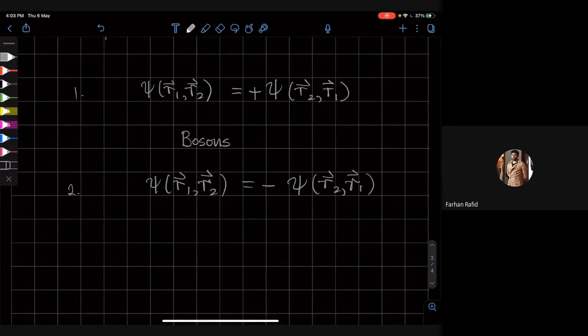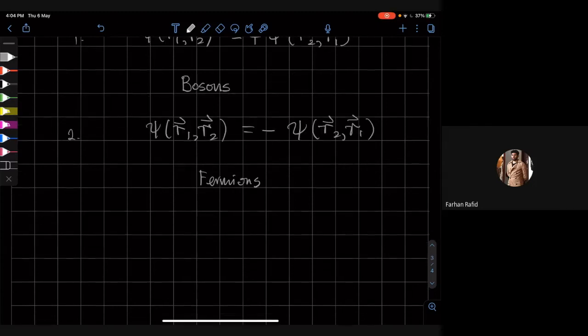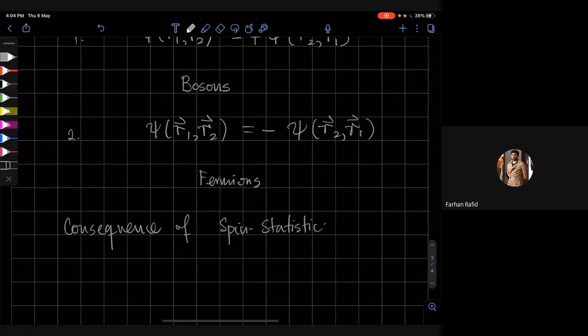And particles which satisfy this condition have to be fermions. Okay? So this statement is a consequence of a very famous theorem called the spin statistics theorem. Okay?